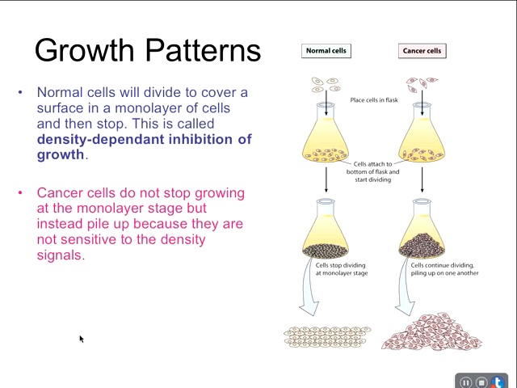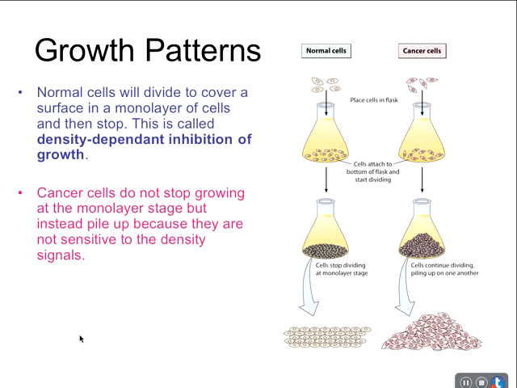If you work in a lab where you're culturing eukaryotic cells, the only way to keep your cell line growing is to go in and scrape off some of these cells, put in new media, and then they'll continue to grow. But you have to go in and scrape them off periodically because you have to give them space to grow, otherwise they'll stop all by themselves.